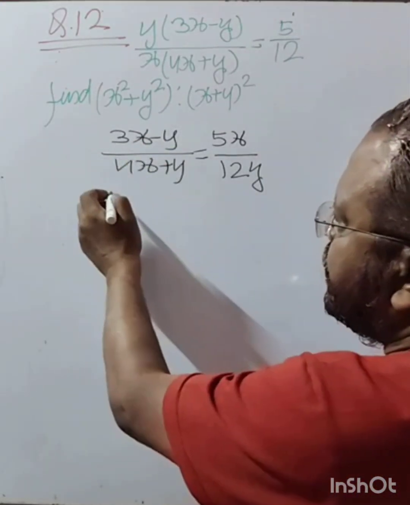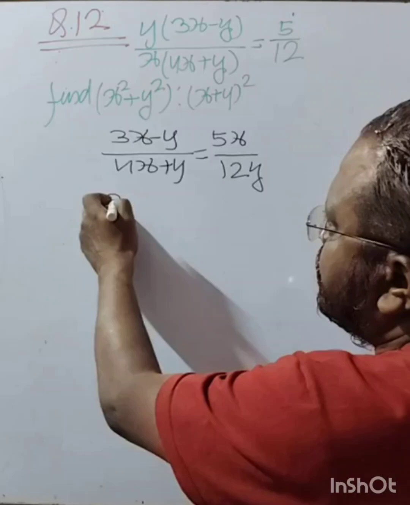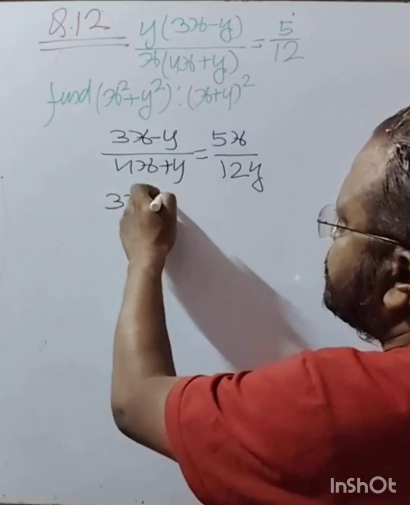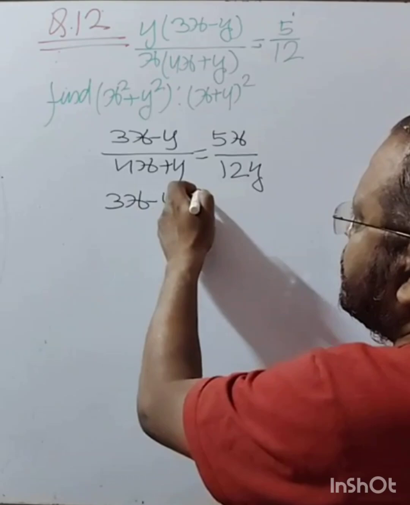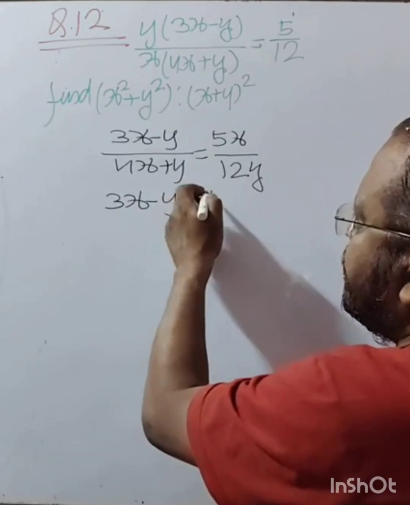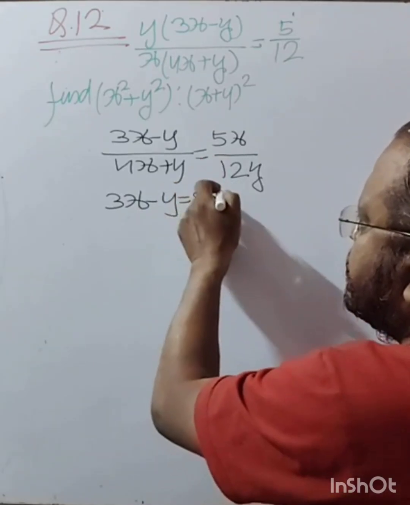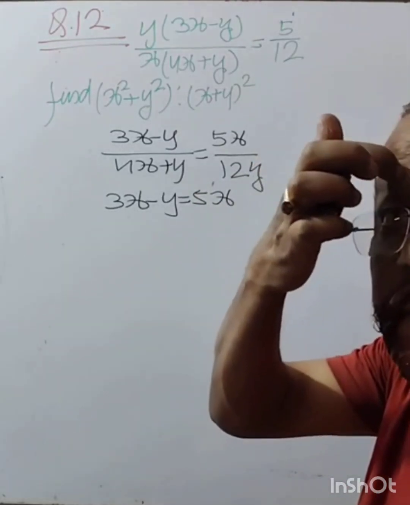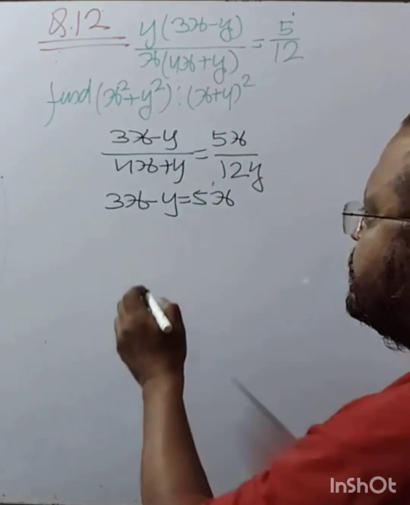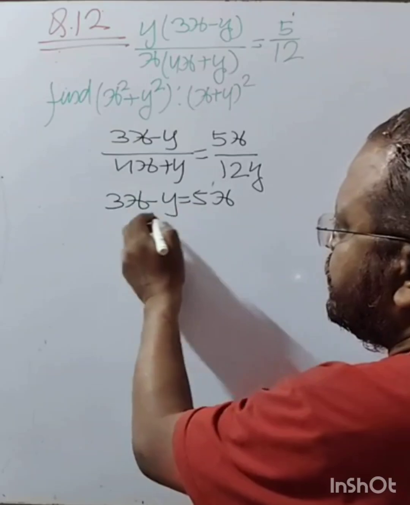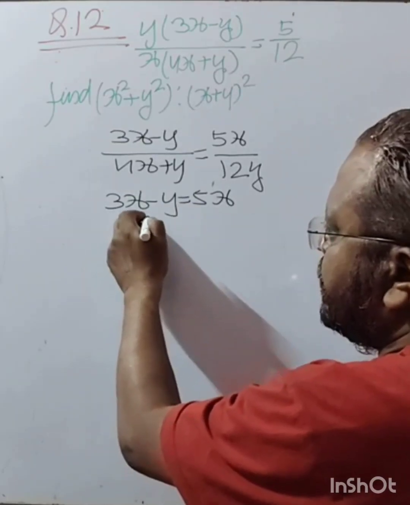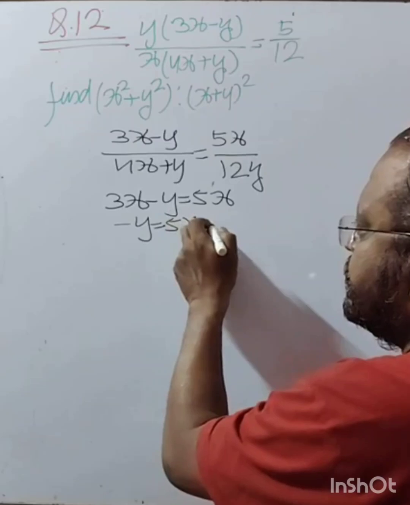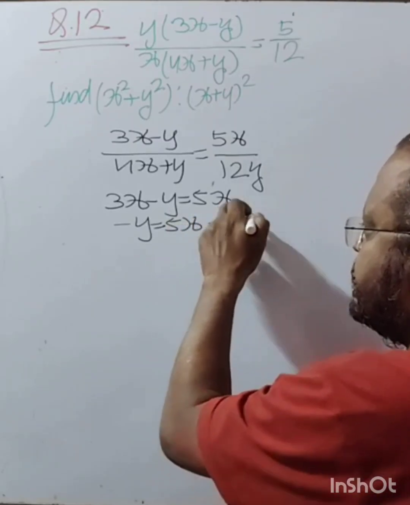So you can write 3x minus y is equal to 5x, right? So bring this here, minus y is equal to 5x minus 3x.